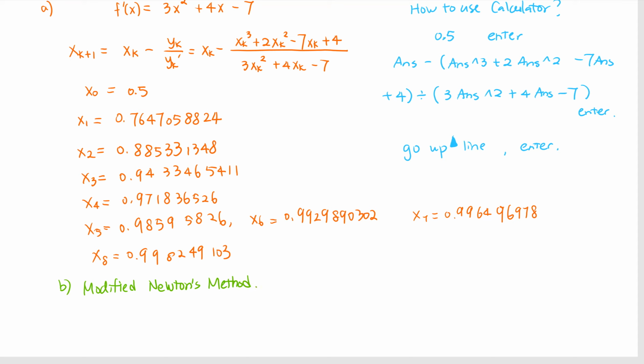All right, and because we know 1 is the double root, so the multiplicity equals 2, right? Then what is our new formula? Well, our new formula is xk minus 2 times yk over yk prime. So we use the previous formula, but we have a 2 in front of it, right?